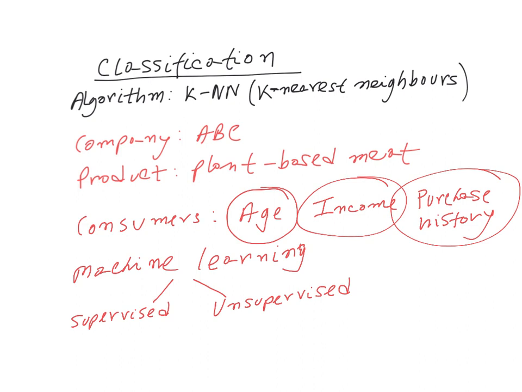Today, since it's a classification problem, we're going to focus on supervised model, and there are different models we can use, but in this lecture we are going to learn KNN, the K nearest neighbors algorithm. Now, generally in KNN model, we measure the distance, and we will see how we measure it.